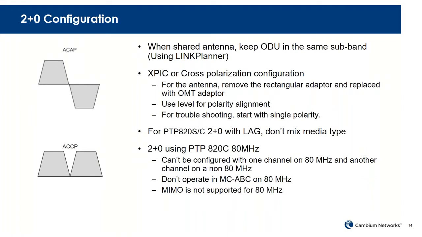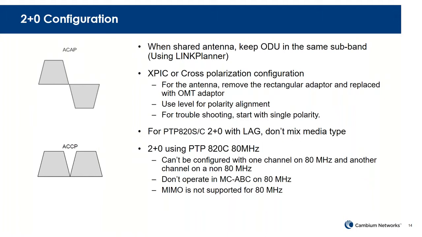So you need to remove that, because XPIC is dual pole. You need to remove that and then replace it with a circular OMT adapter. With a circular OMT adapter, you will allow two polarizations, two beams.